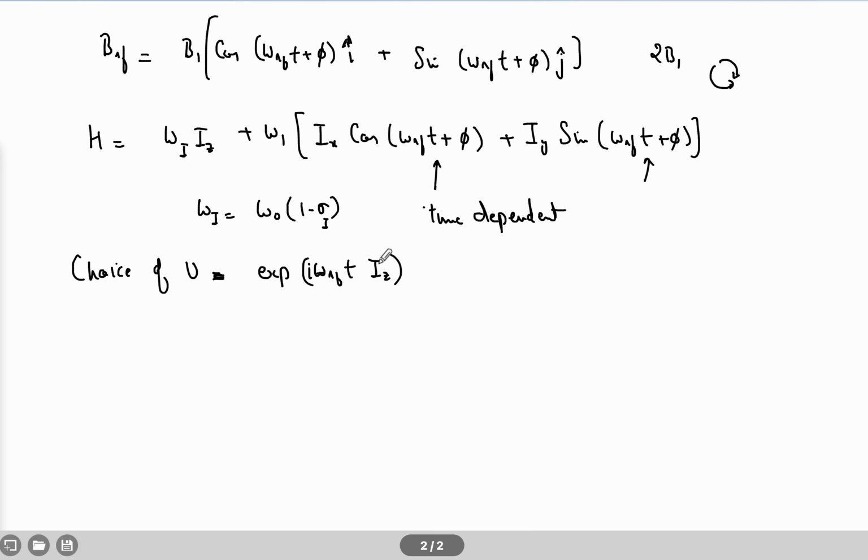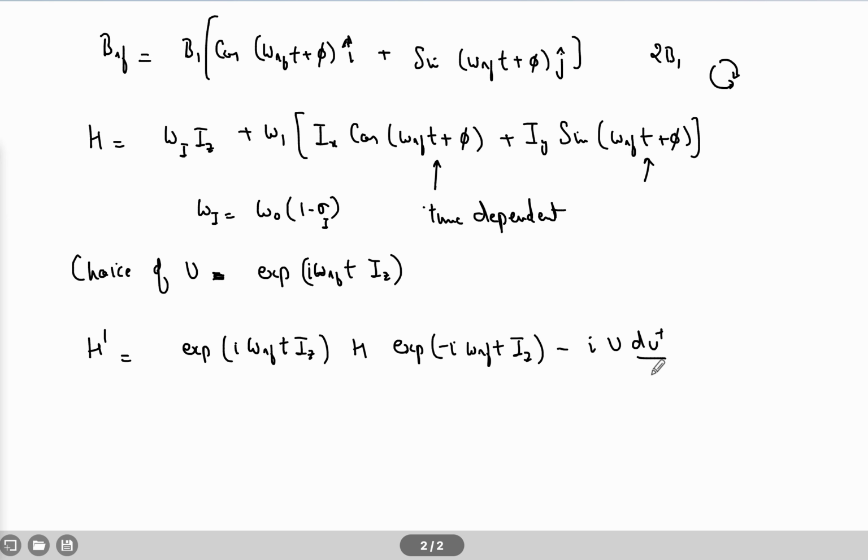So let us see how it is done. Then what will be H prime? H prime will be nothing but exponential(i omega_RF t Iz) H exponential(minus i omega_RF t Iz) plus the other part, which is minus i U dU inverse by dt.